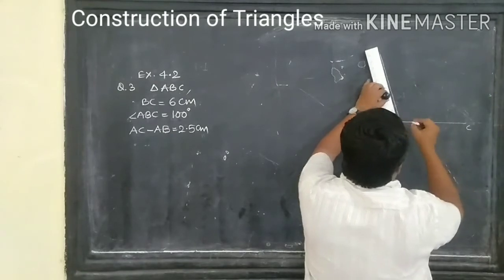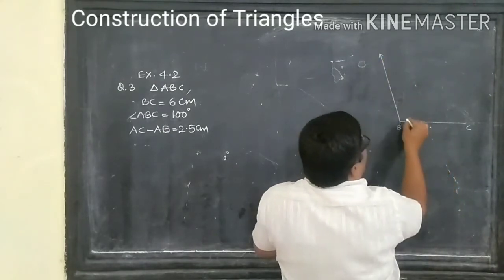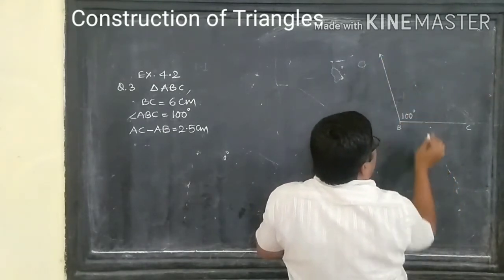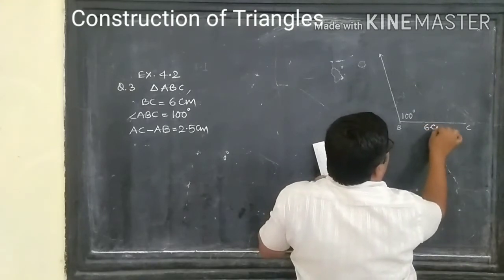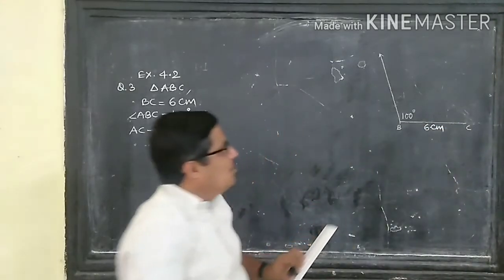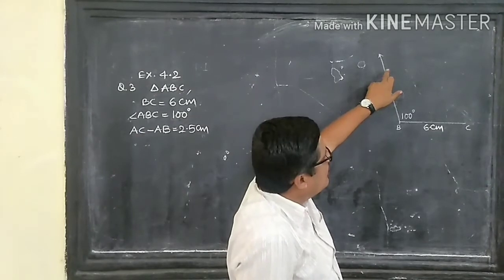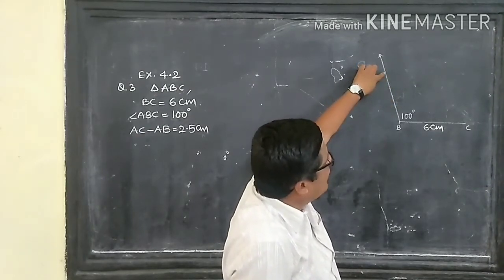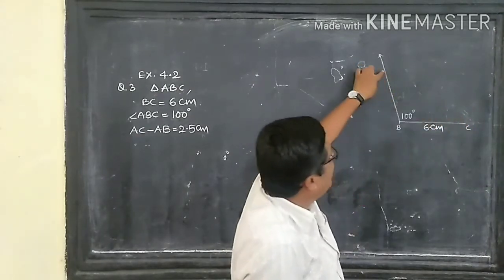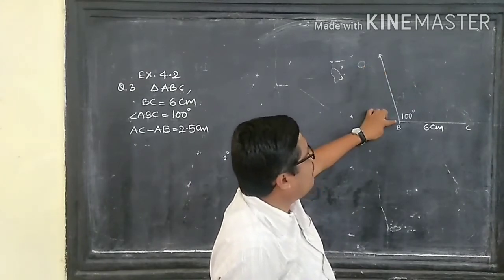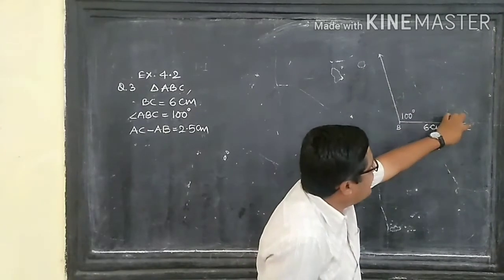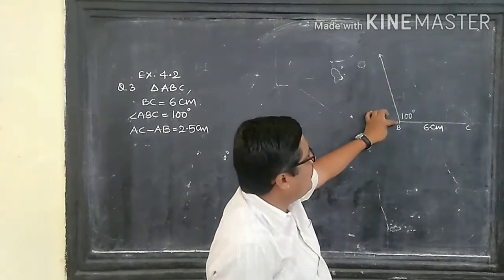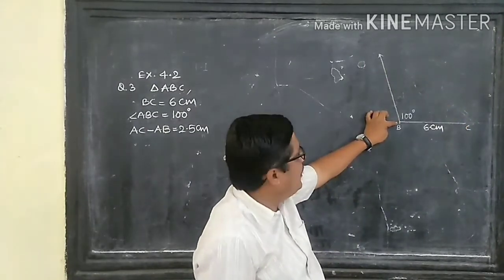So let it be an angle of measure 100 degrees. Now suppose here the point A is there. Now AC is longer than AB, and the difference between the length of AC and the length of AB is 2.5.